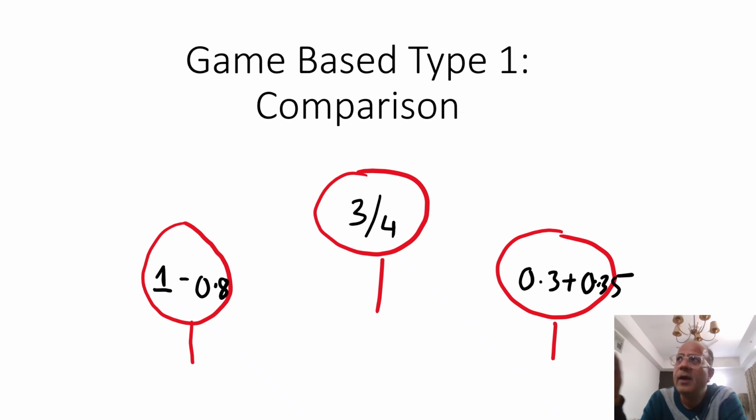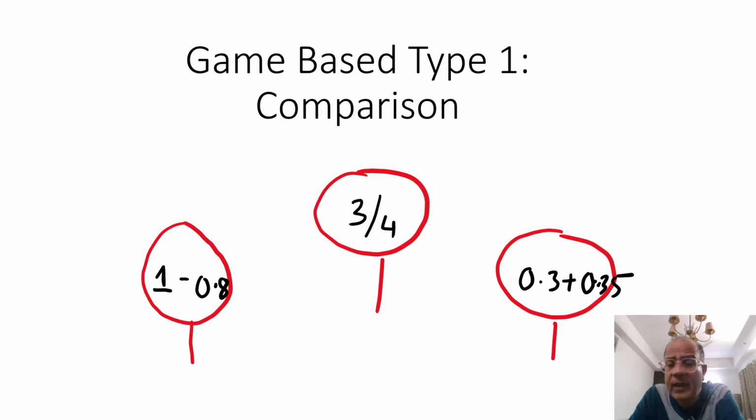But there are 3 games to be done and you have 20 minutes. So if I divide, it can be 7 minutes, 7 minutes and 6 minutes, or it can be 6 and 8 minutes. That kind of a division is going to be there.